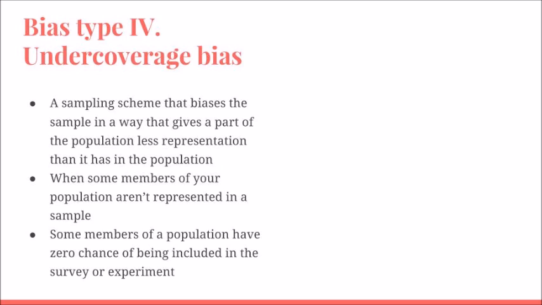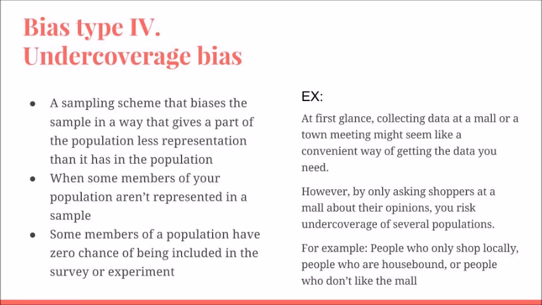Now let's take a look at an example of undercoverage bias. At first glance, collecting data at a mall or town meeting might seem like a convenient way of getting the data you need. However, by only asking shoppers at a mall about their opinions, you risk undercoverage of several populations. For example, people who only shop locally, people who are housebound, or people who don't like the mall cannot be included in your sample.